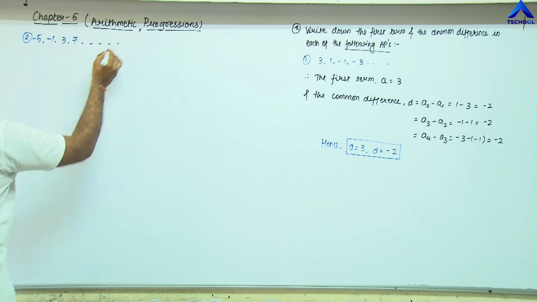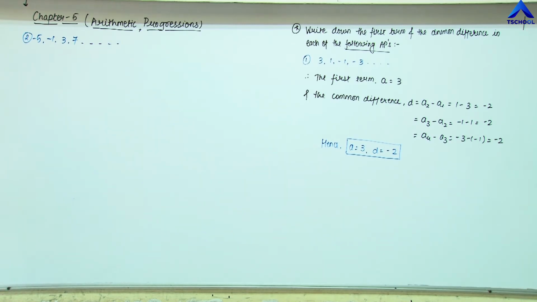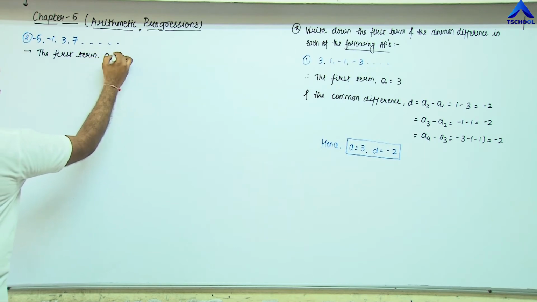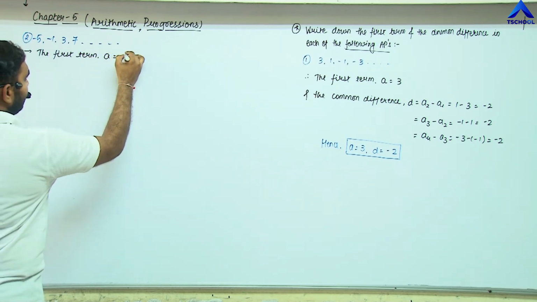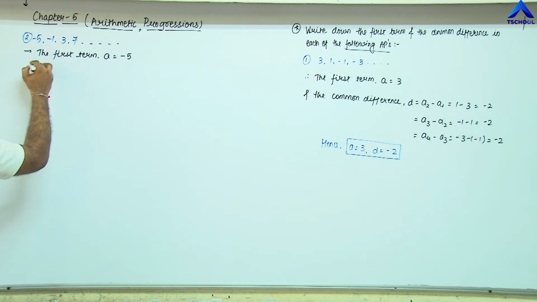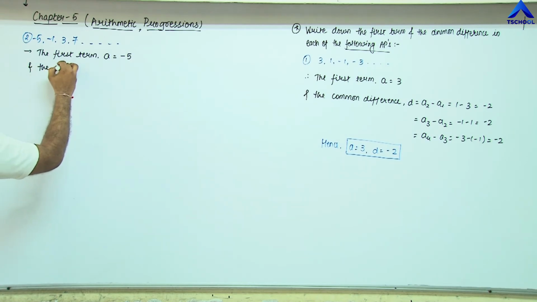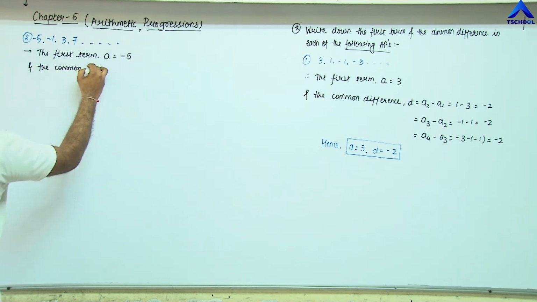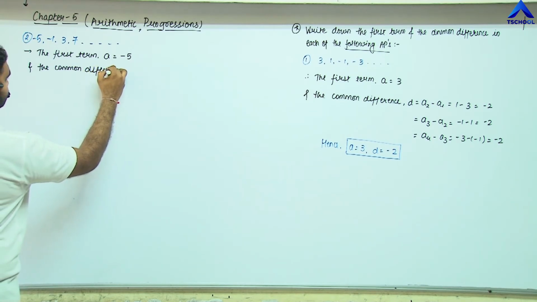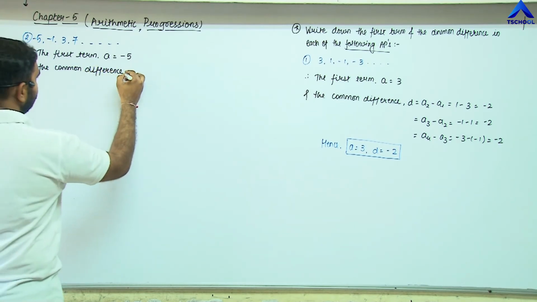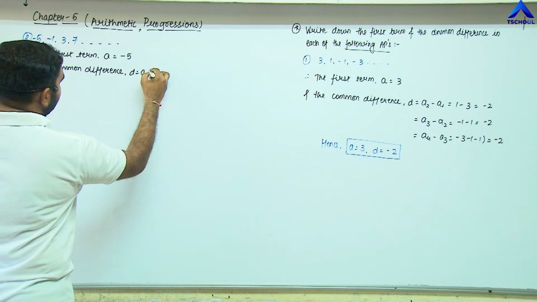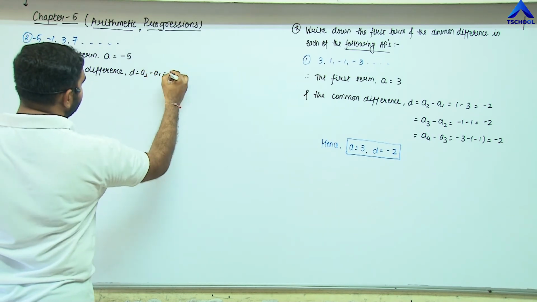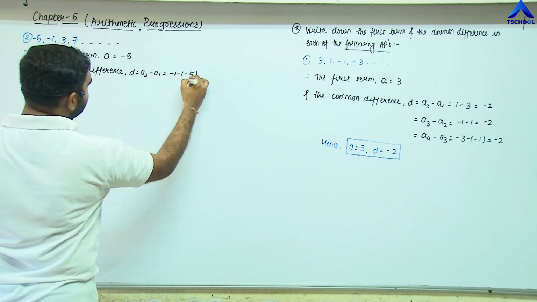So this list goes here. So again, finding out the first term. The first term A, that is the very first number, that is minus 5, and the common difference D, that is a2 minus a1, that is minus 1 minus minus 5.